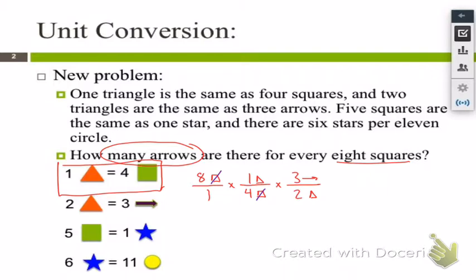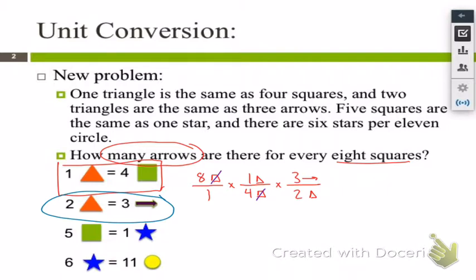Okay, so specifically, you looked at this equality, and you said, well, if I have 2 triangles over 3 arrows, or 3 arrows over 2 triangles, we can multiply anything by that, and it might convert it to something else. So that's this fraction that you have written here, this conversion factor.